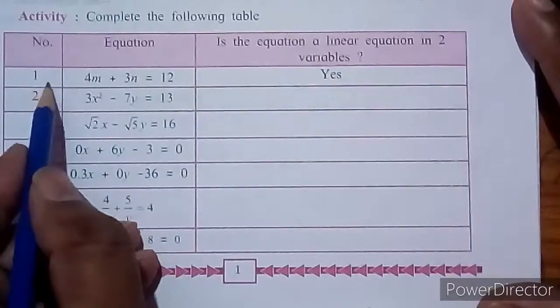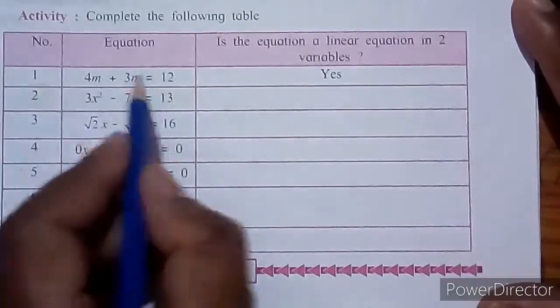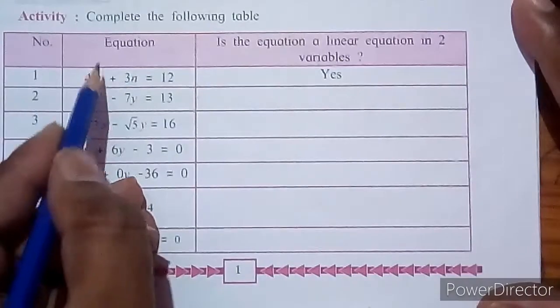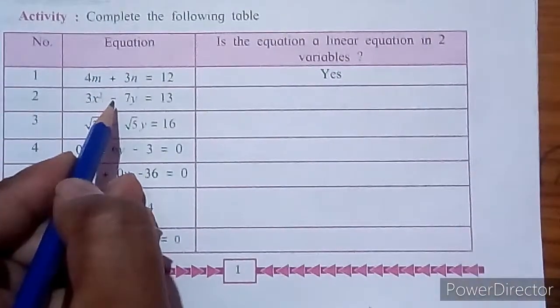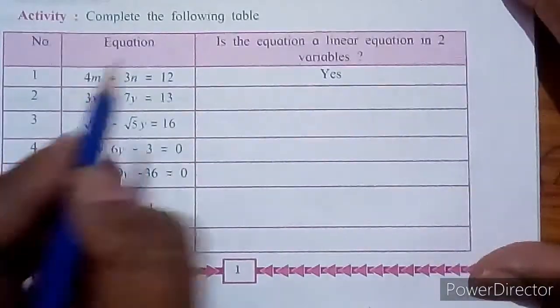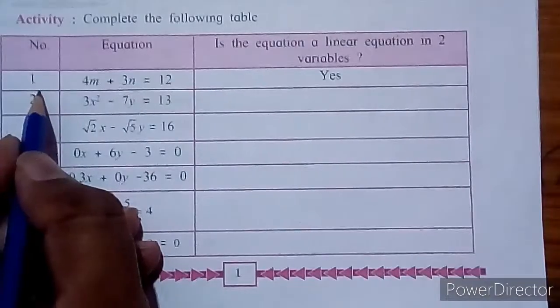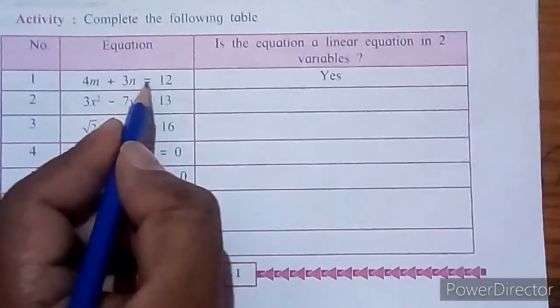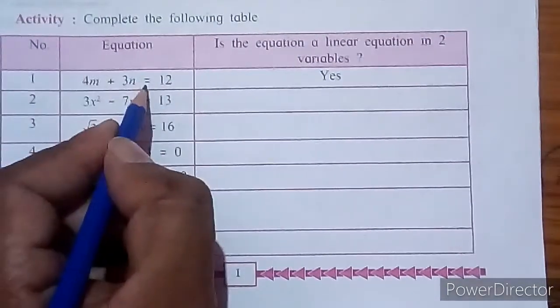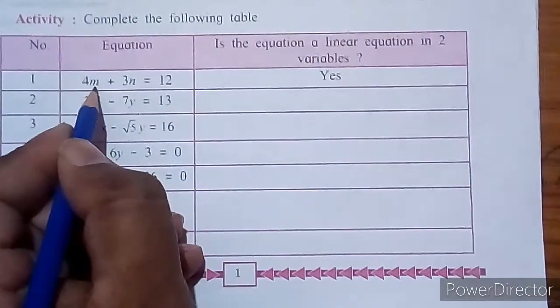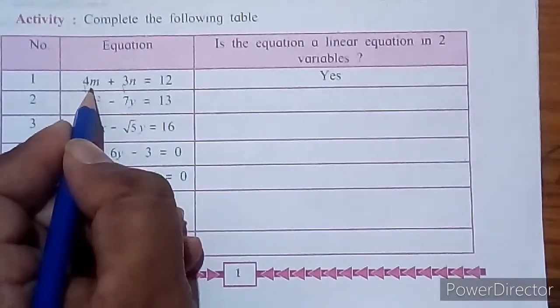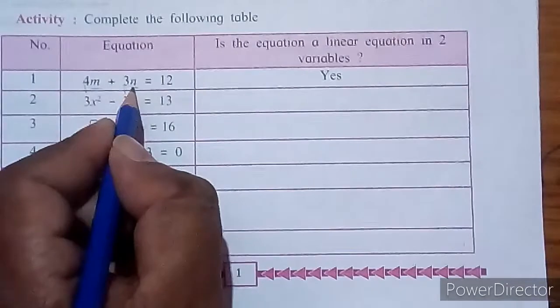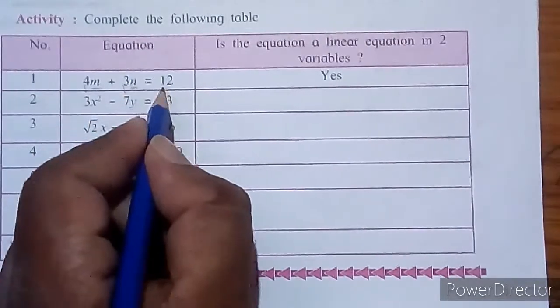Now check whether these equations are linear equations or not, or can they be transformed from non-linear to linear equations. Here equation 1 is 4m plus 3n equals 12. By comparing this equation with the standard form, we get that this is a, this is b, this is the first variable and this is the second variable, and this is the value of c.